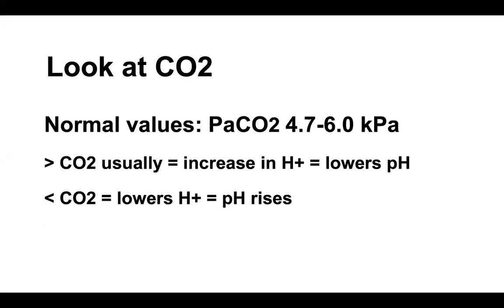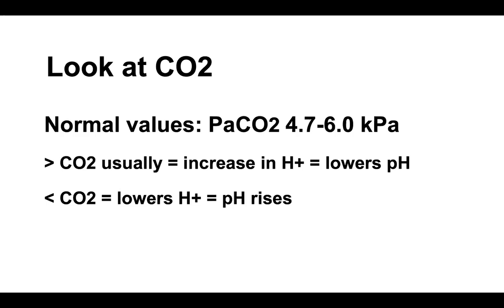Oh, okay. Sure. And then you want to look at the carbon dioxide and the oxygen levels. As we've said before, the carbon dioxide levels are between 4.7 and 6. If CO2 increases, this is usually an increase of hydrogen ions and it lowers the pH and vice versa.